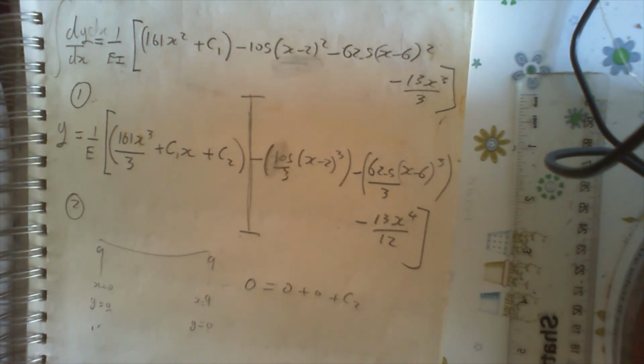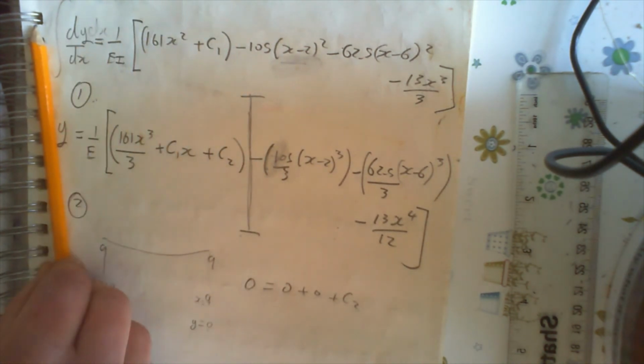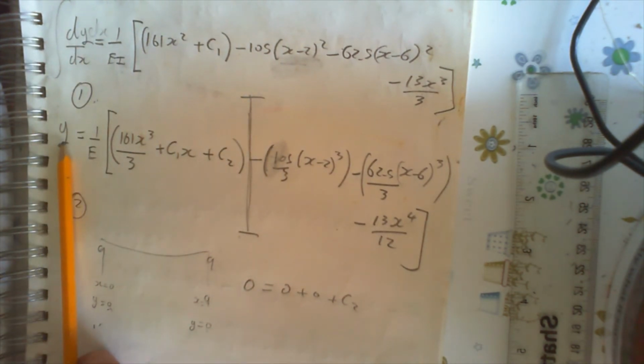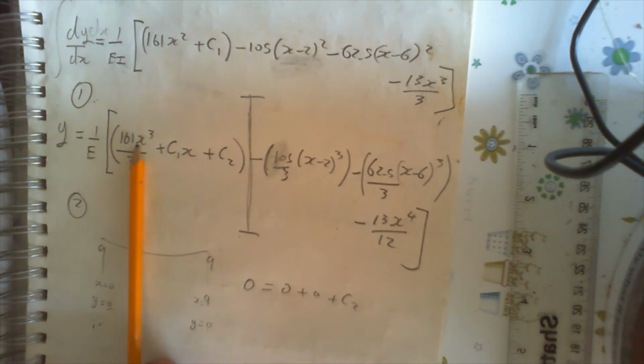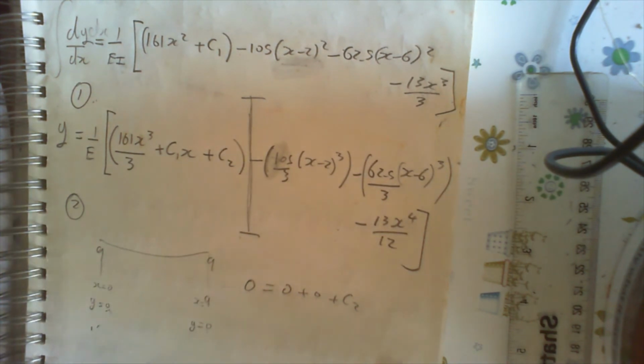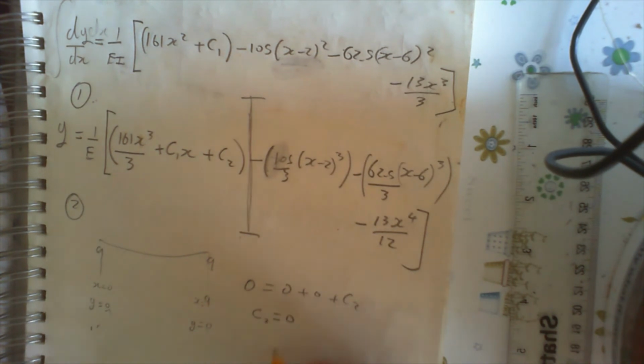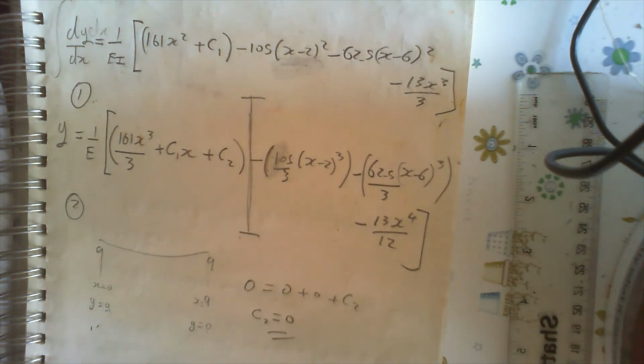If we apply these boundary conditions, we only need to look at this first part here. That's going to be 0, that's going to be 0, and C2 is going to be the only thing left, which equals 0. So C2 equals 0, which is handy.